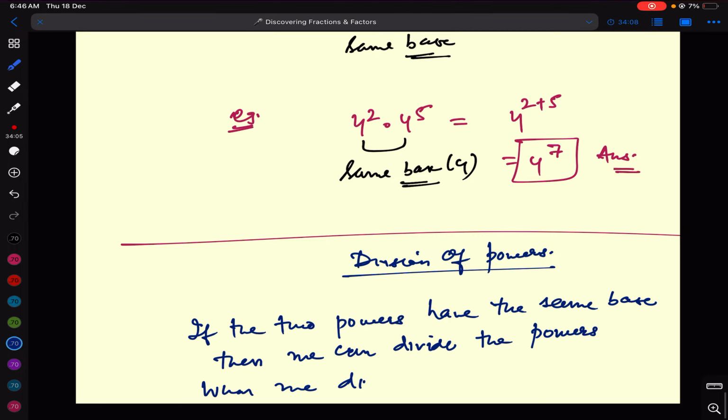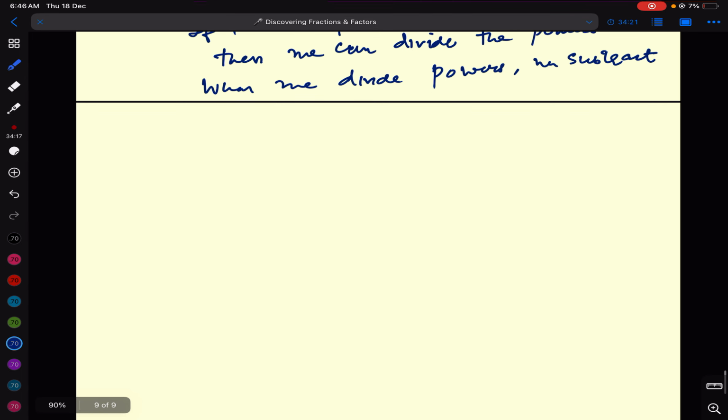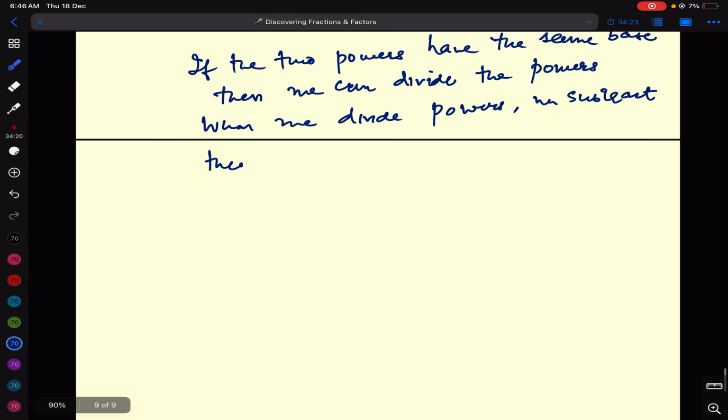When we divide powers, we subtract their exponents, okay? So I'm going to write the rule next.